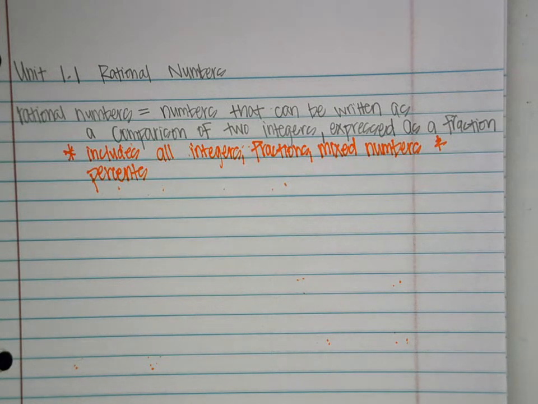Now, the reason that we talk about this is because later in this unit, in this chapter, we're going to talk about something called irrational numbers. Irrational numbers, by definition, are numbers that are not rational. Irrational numbers are basically numbers that never end.